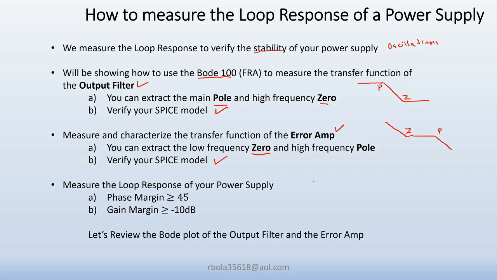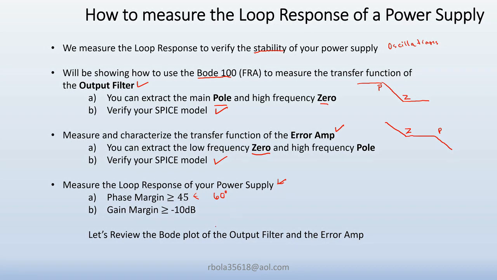Once we have those two, then we can take the total loop, which is basically a combination of all the transfer functions that go around the loop. To have a stable power supply, the absolute minimum phase margin is 45 degrees. That's the absolute minimum. There are other power supply designers that may go up to 60 degrees of phase margin. That's what I typically try to design for, 60 degrees.